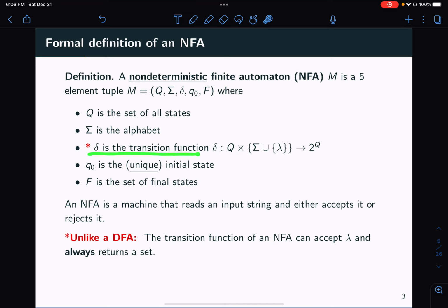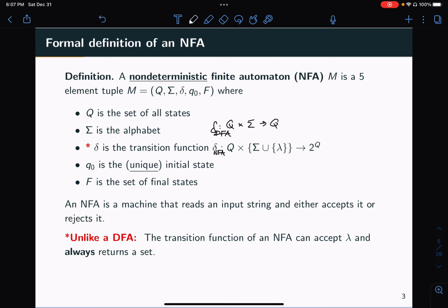So you'll notice here that the transition function takes a state. That's similar to the DFA transition function. I'll just remind you that the formal definition of the DFA transition function was something like this, right? So it took a state and a symbol and it returned a state, okay? Now let's say this is for a DFA and this is for an NFA.